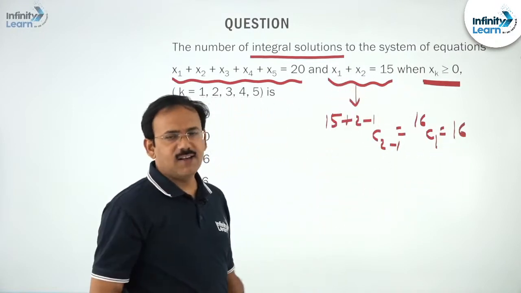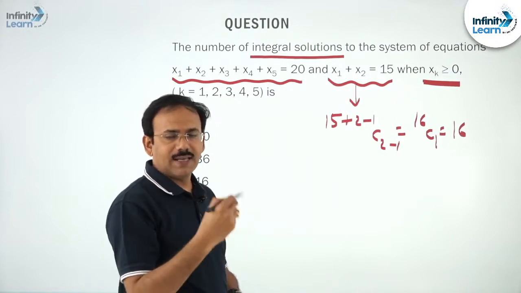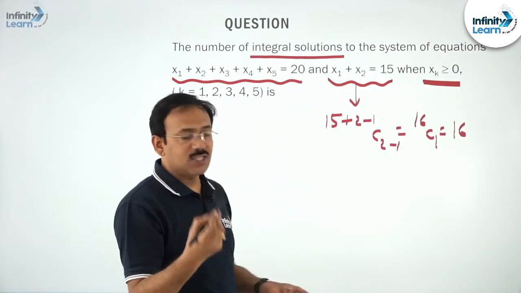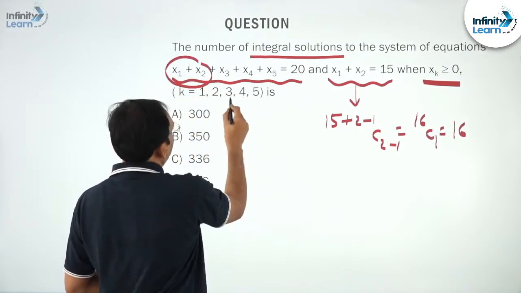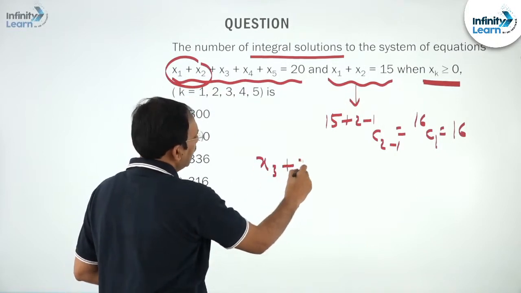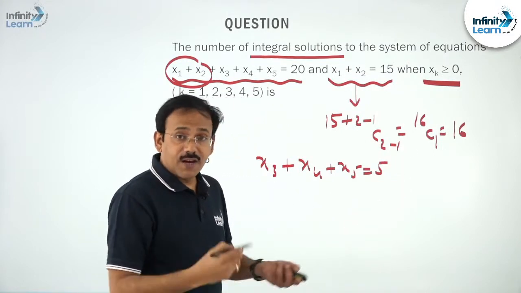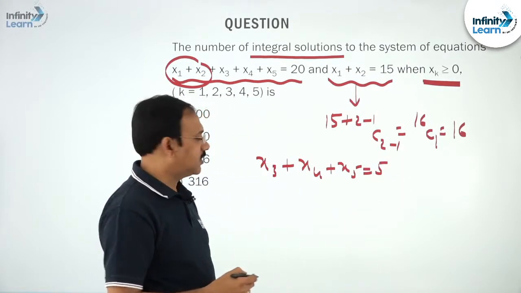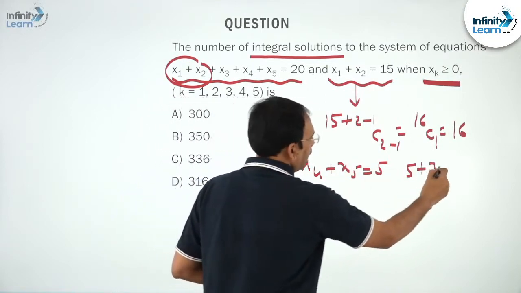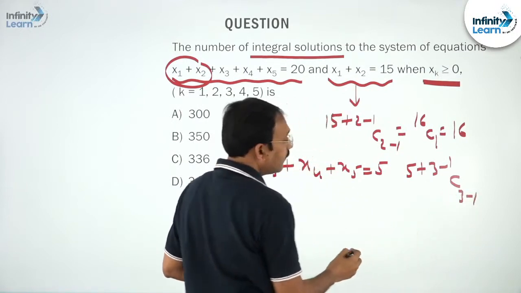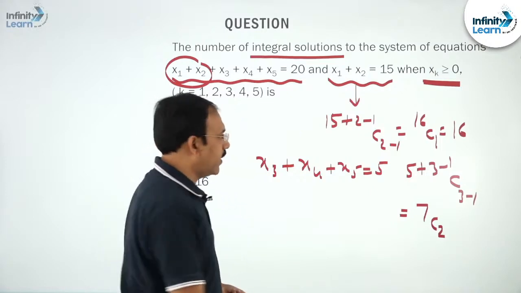Once this is done friends, x1 plus x2 is 15, the second equation becomes x3 plus x4 plus x5 equal to 5. Now you just write the number of integral solutions. This is 5, so n plus r minus 1 C r minus 1 with 3 variables, which is going to be 7C2. What is 7C2? 21.